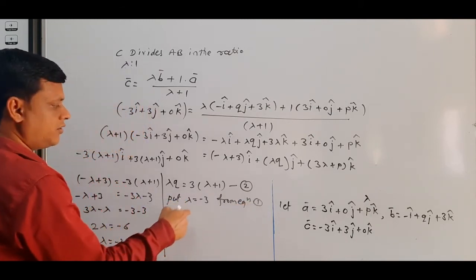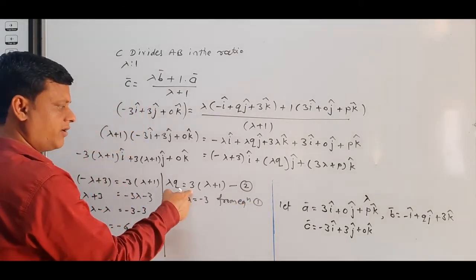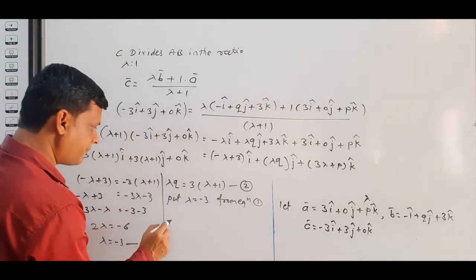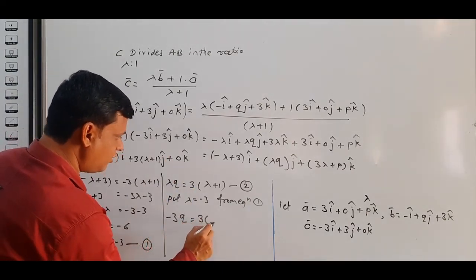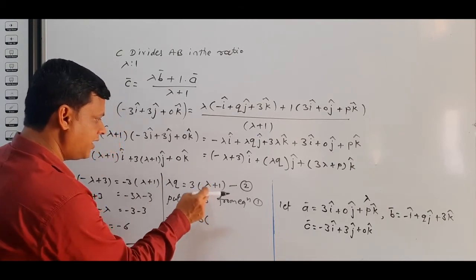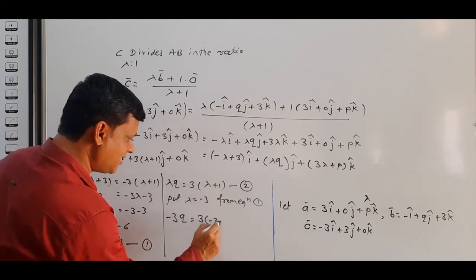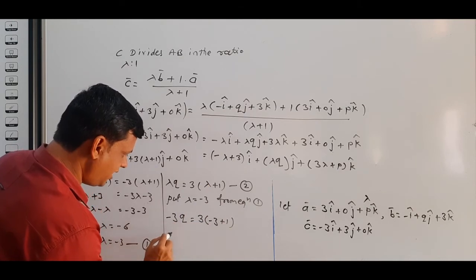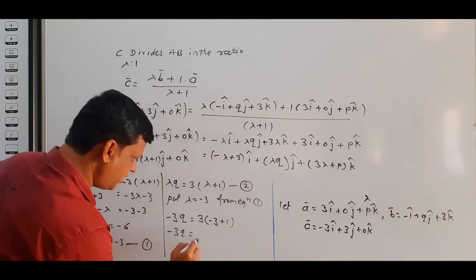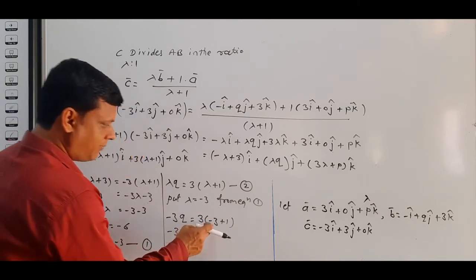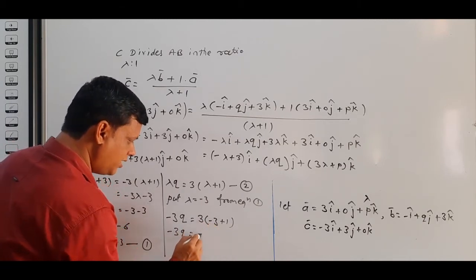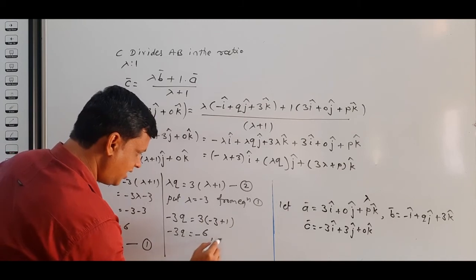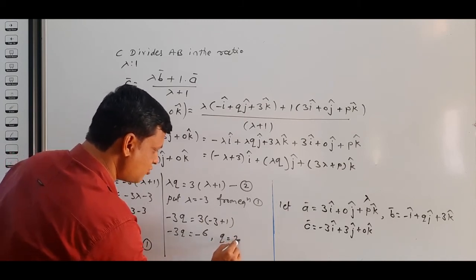So we get -3q equals 3 into (-3 + 1), which is -2 into 3, which is -6. So we get q equals plus 2.